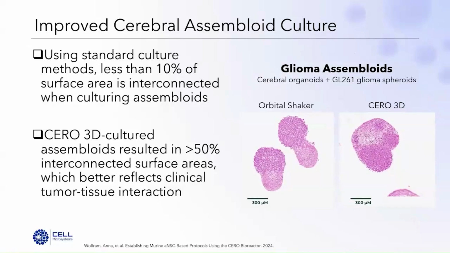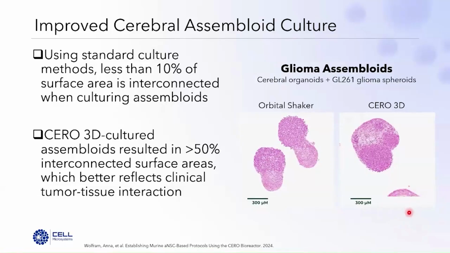When they culture these assembloids in an orbital shaker, they expect less than 10% of the surface area to be interconnected between that cerebral organoid and the glioma spheroid. However, when they cultured them in parallel with the Zero 3D, they found that the interconnected surface area increased by more than 50%.